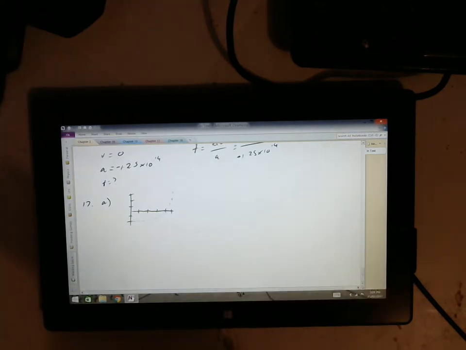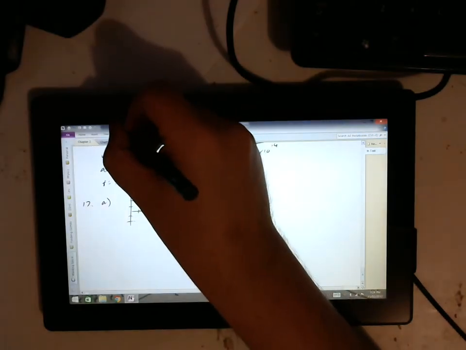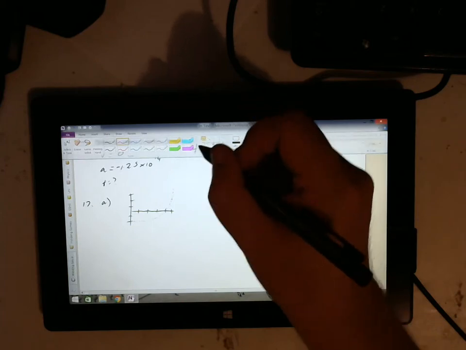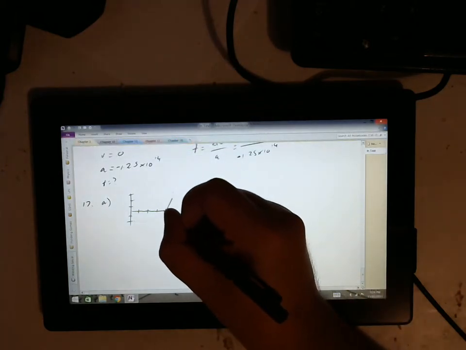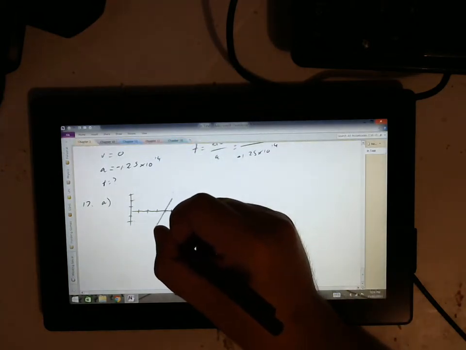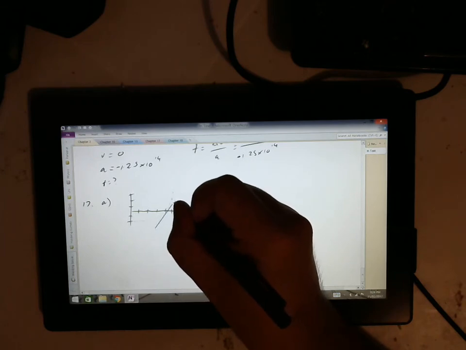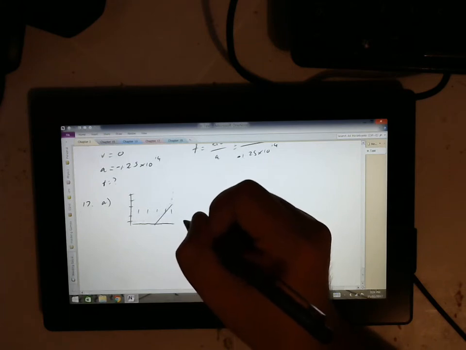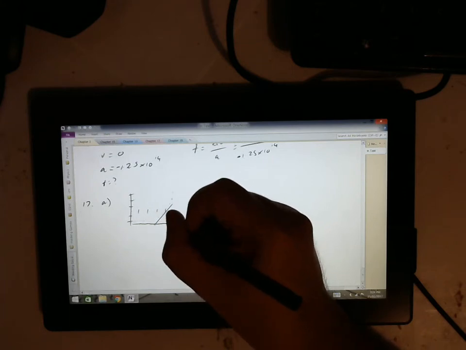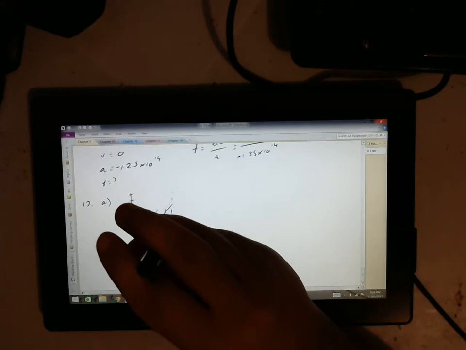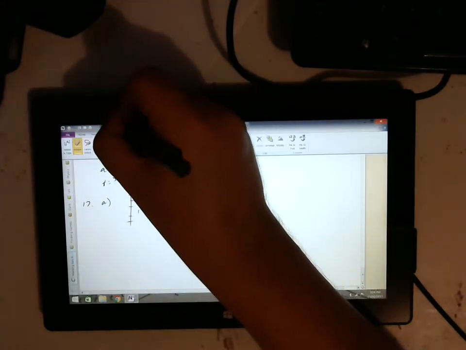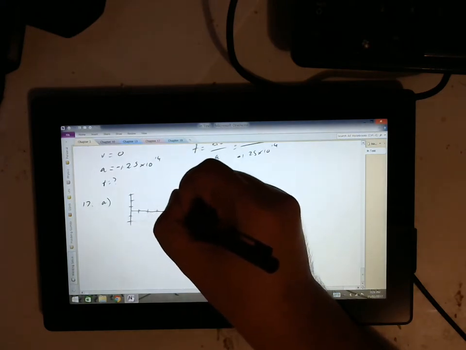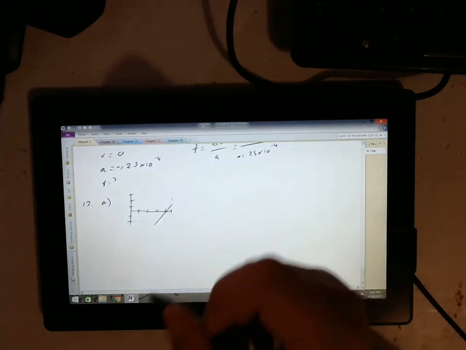Okay, so when we're talking about taking a tangent line, I want a line that is going to cross that's okay. Why did that move down? Okay, it's not ideal, but you get the kind of idea.